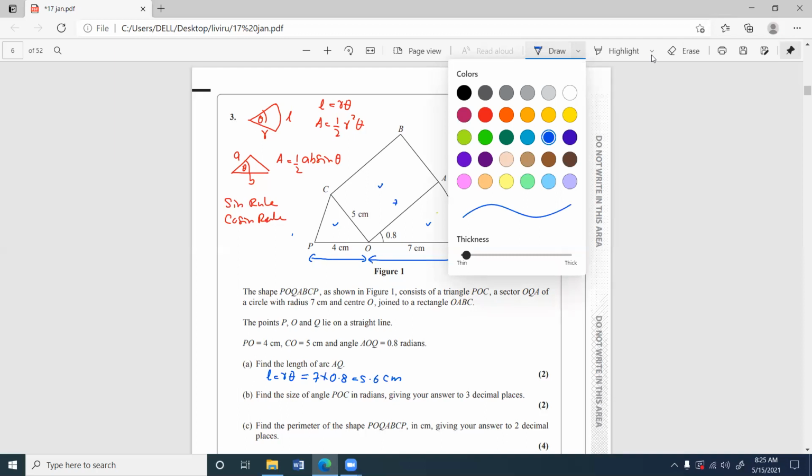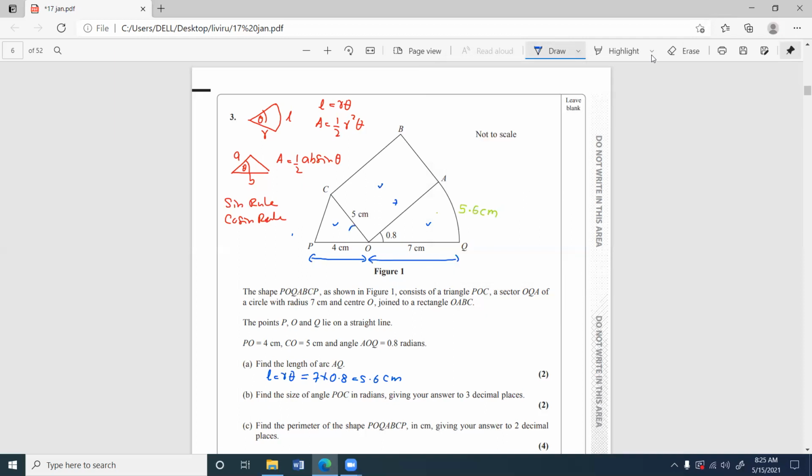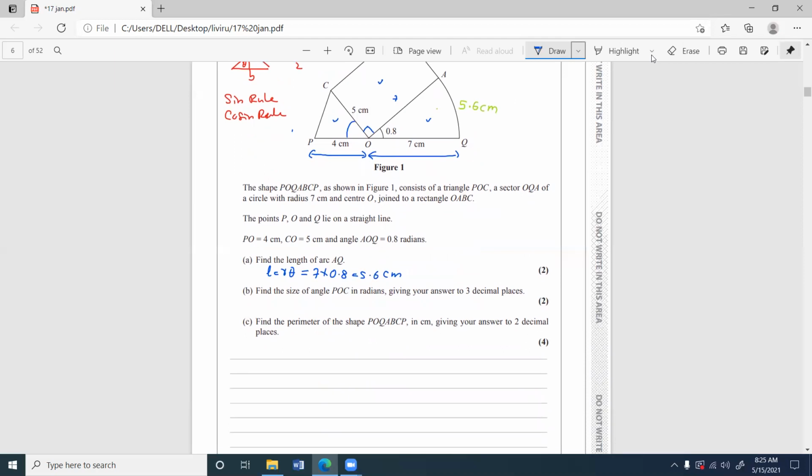Find the size of the angle POC. That means we are worrying about this angle. Here this is 90 degrees, because it's a rectangle. For an angle on a straight line, the value is 180 degrees, or in radians it's pi. So pi equals this 0.8 plus this 90 degrees, which in radians is pi by 2, plus the angle POC.